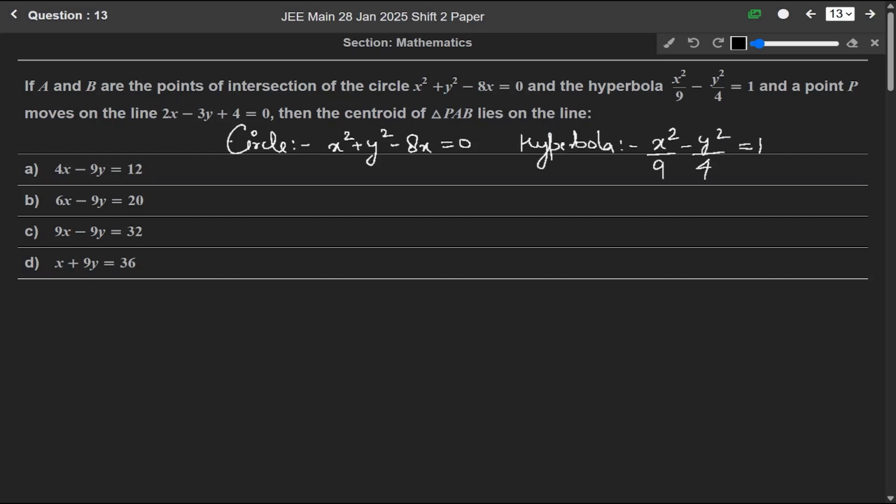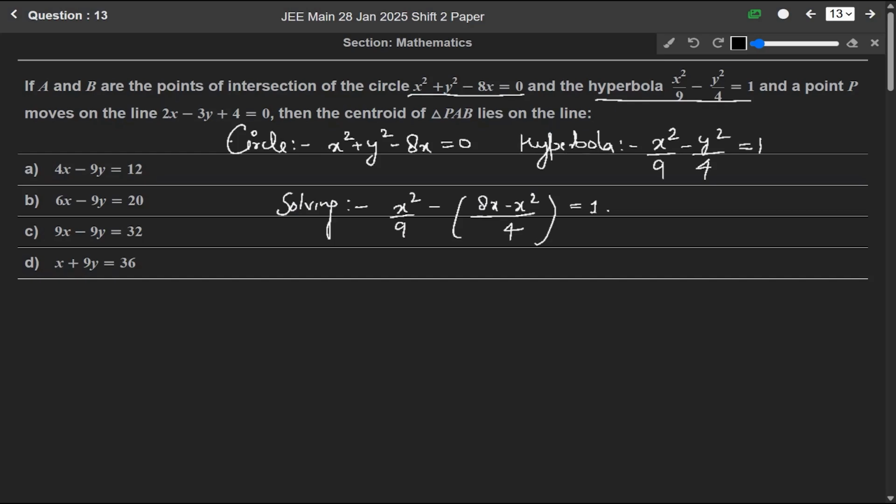Okay. So when we solve these two equations, because A and B are the points of intersection of the circle as well as the hyperbola, solving it, we get x²/9 − (8x − x²)/4 = 1. Okay.